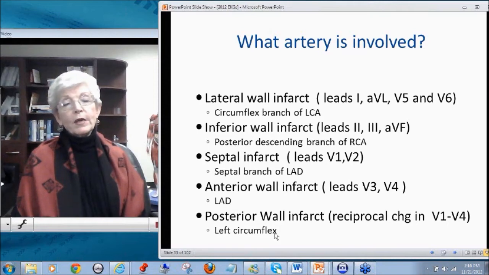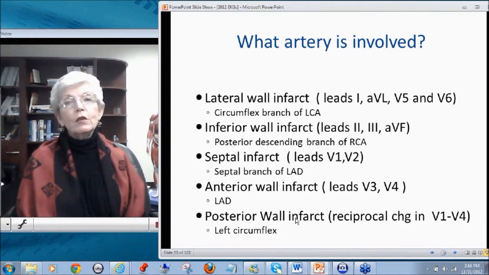So we also can define and look at leads that are looking at a part of the heart. If we were to look at the lateral wall of the heart, what leads would look at the lateral wall of the heart?